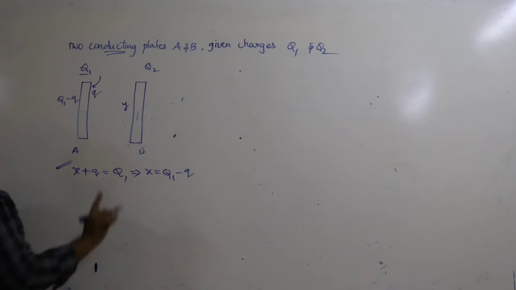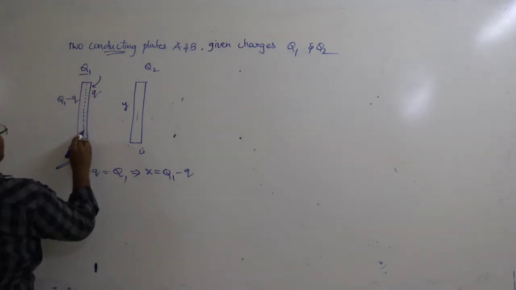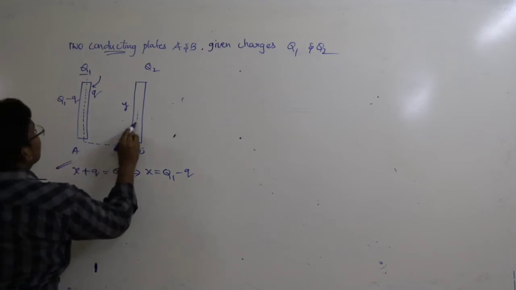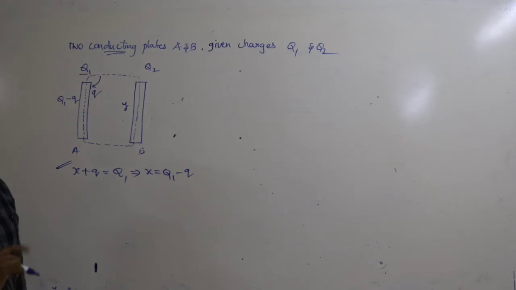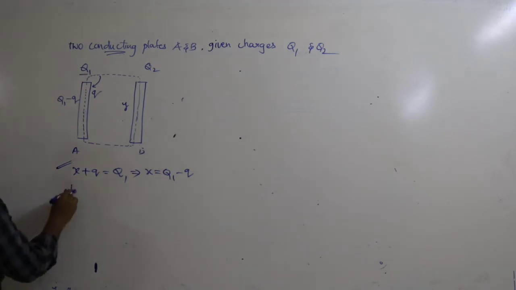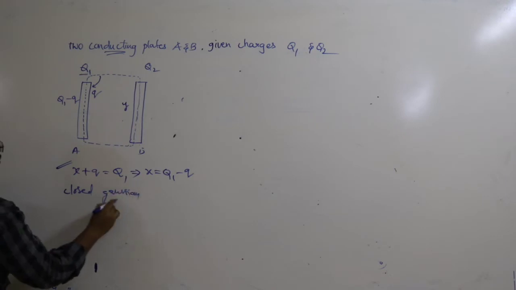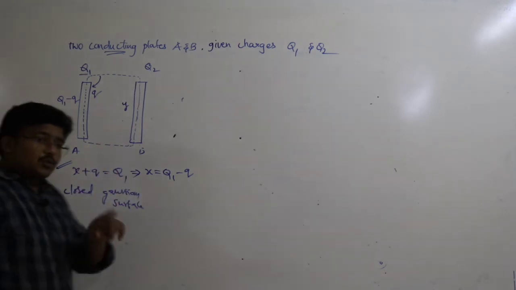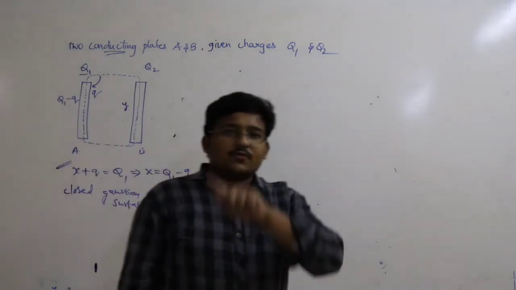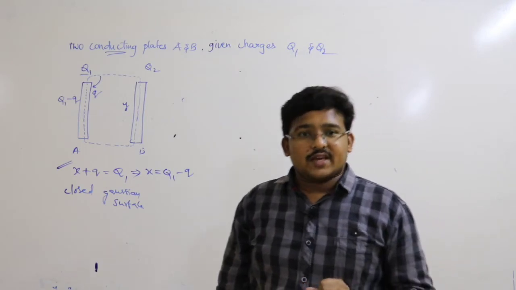Now, I will draw a Gaussian surface like this. I am taking a closed Gaussian surface.